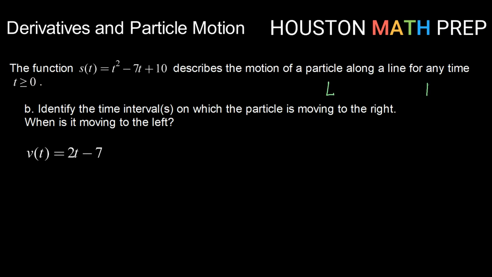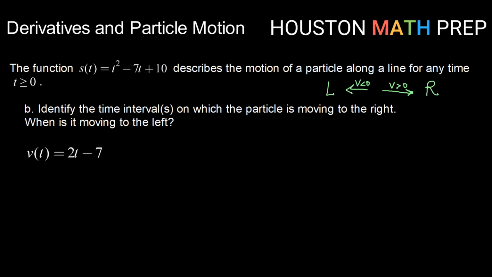If we're going left to right, velocity that is positive moves us to the right, and velocity that is negative moves us to the left. So we're going to be looking here for where is our velocity positive? That's when we're moving to the right. And where is our velocity negative? That'll be when it's moving to the left.